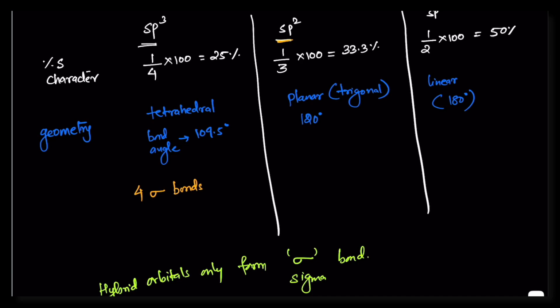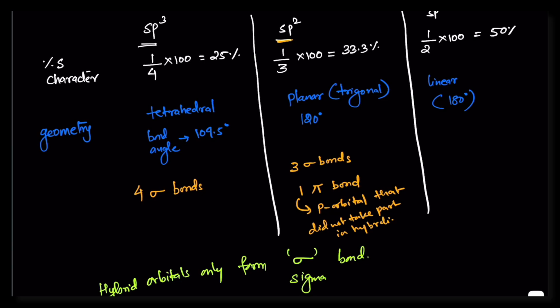Okay, so in these cases you will see 3 sigma bonds and 1 pi bond, which comes from the p orbital that did not take part in hybridization. Similarly, for sp case, only 2 orbitals took part in hybridization, so there will be only 2 sigma bonds here, and the remaining 2 bonds will be pi bonds.